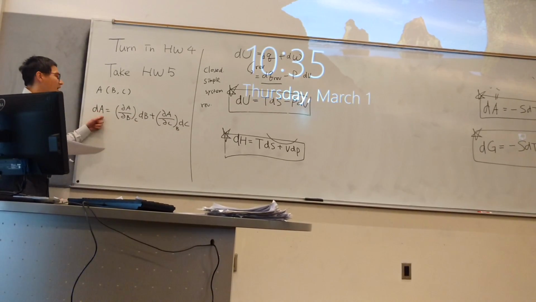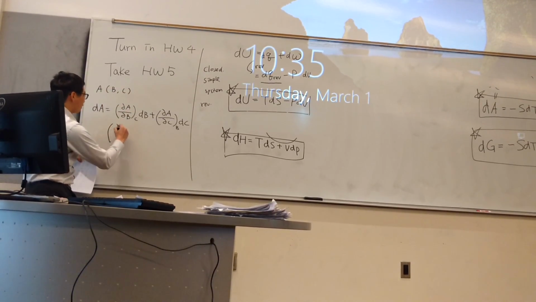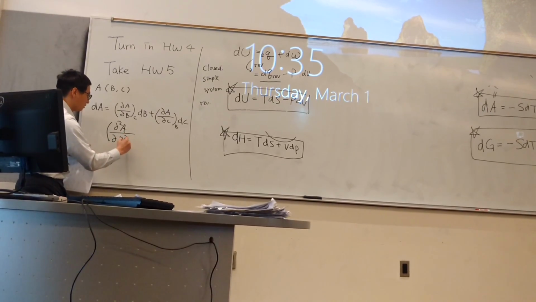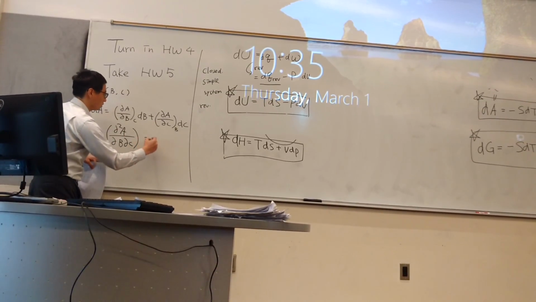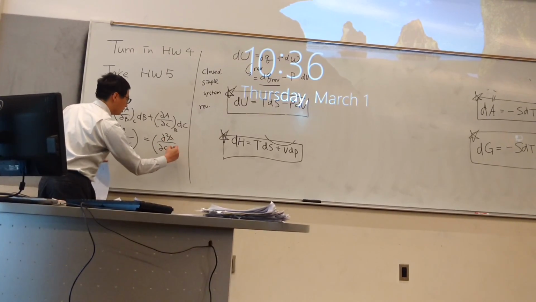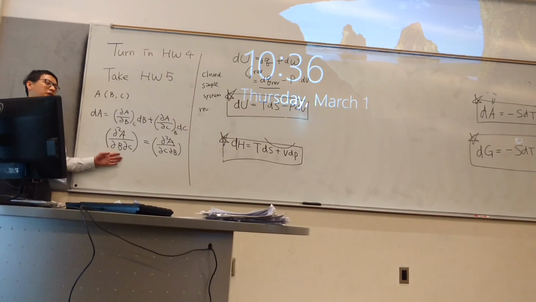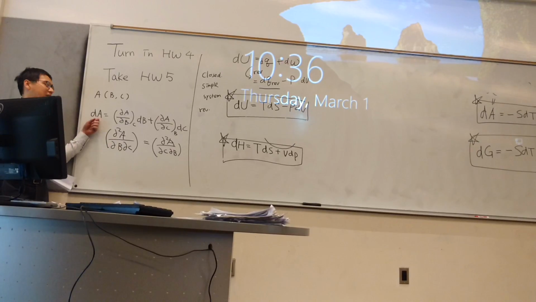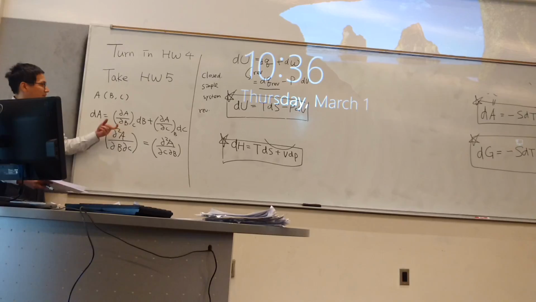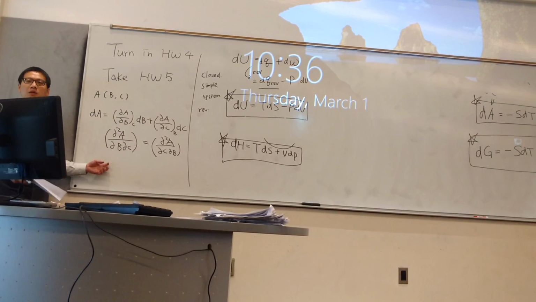If A is exact, then partial squared A, partial B, partial C should equal partial squared A, partial C, partial B. Once you fulfill this, we call A an exact function. It's very straightforward. You just do the differential in different orders, but you're actually doing exactly the same thing.